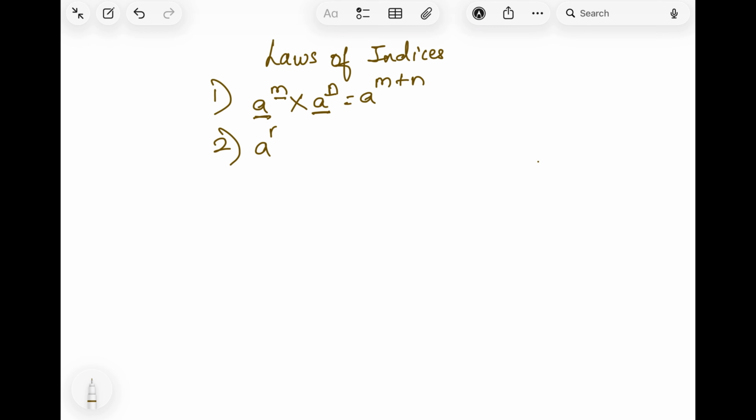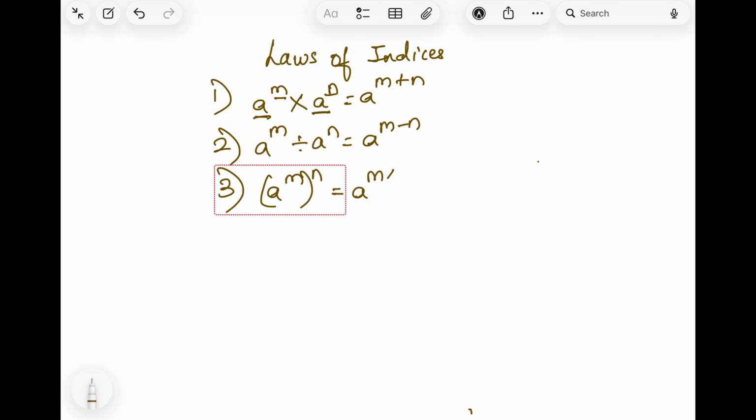Second, this multiplication goes to division, and here the plus becomes minus. This is the second law of indices. The third law is a raised to m, the whole raised to n, is equal to a raised to m into n. This law says that when there is more than one power on the same base, we simply multiply the powers.